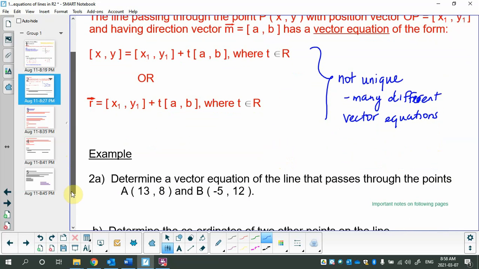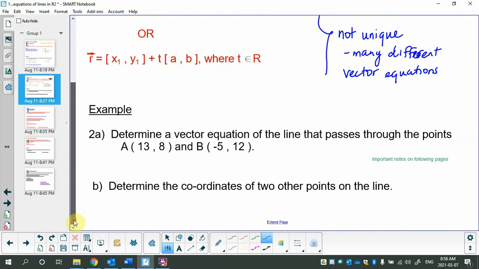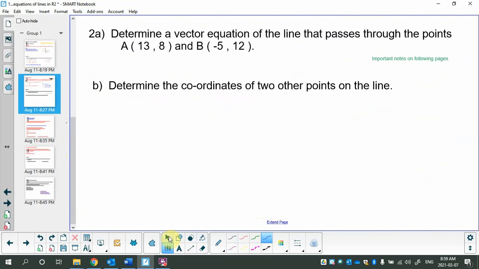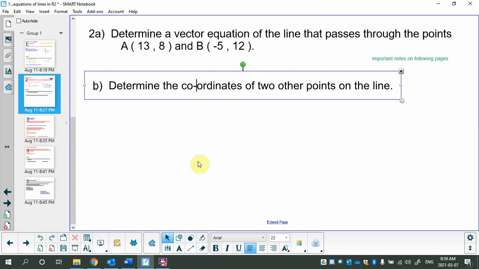All right, so determine the vector equation of the line that passes through the points A, 13, 8, and B, -5, 12. Now, I'm just going to move part B out of the way.